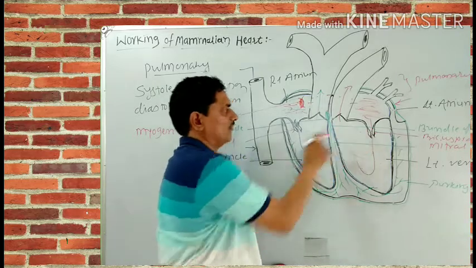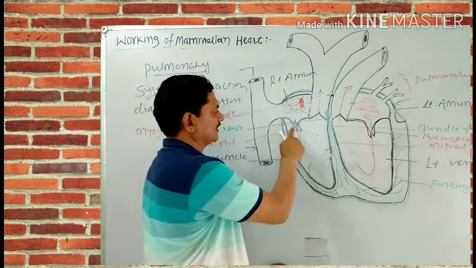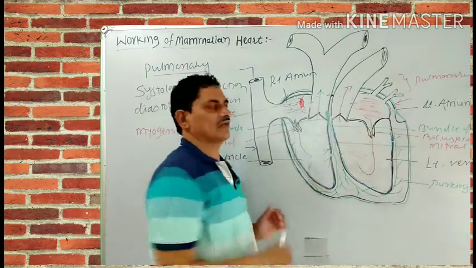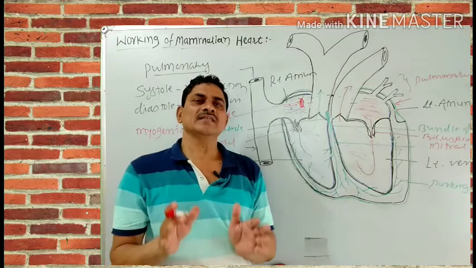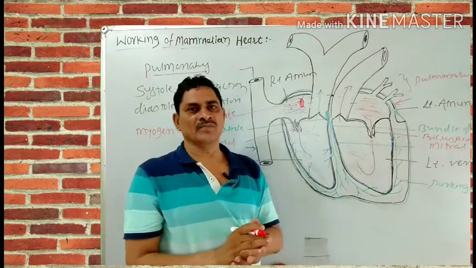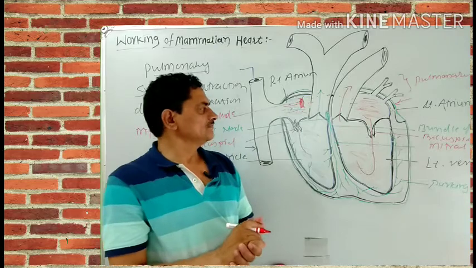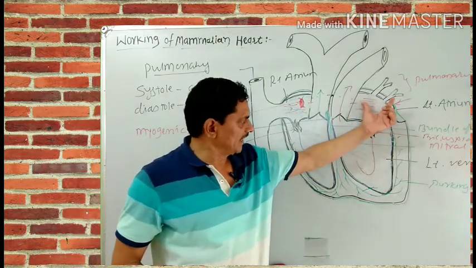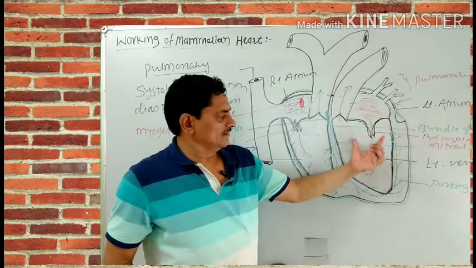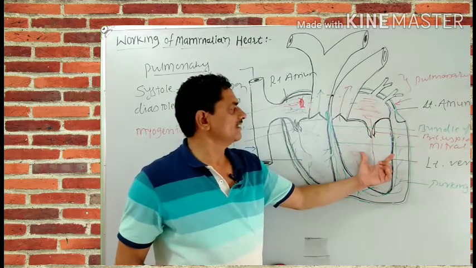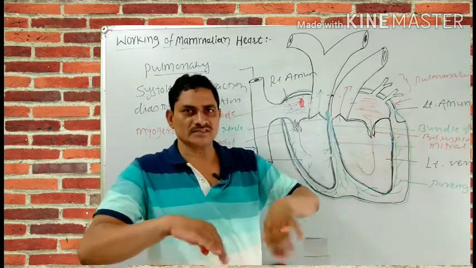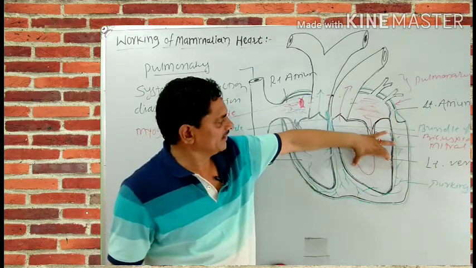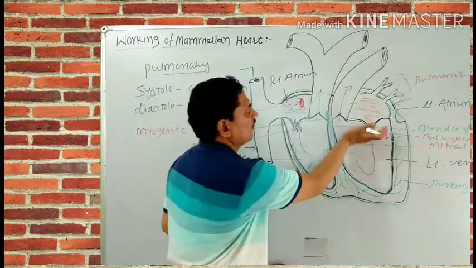So these four valves, the bicuspid valve, tricuspid valve and these two semilunar valves, regulate the blood flow. What happens here? When the blood flows from the atrium to the left ventricle, this valve opens, and when this ventricle contracts, this valve closes.